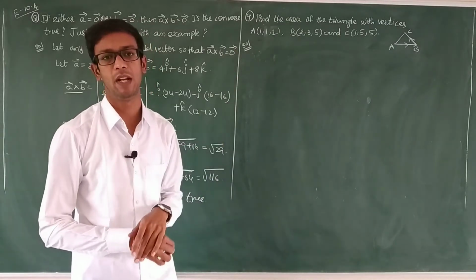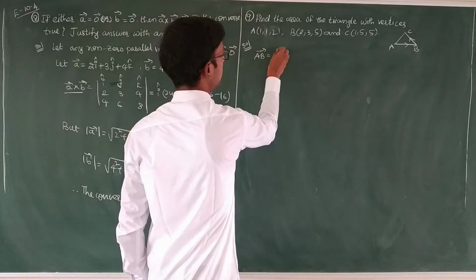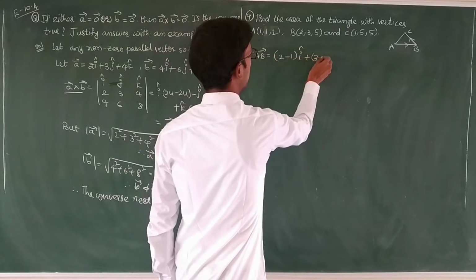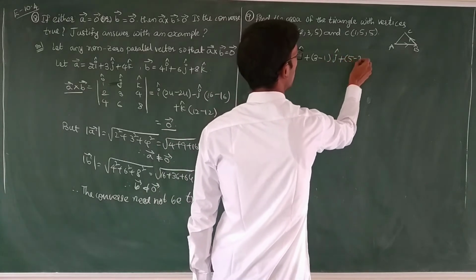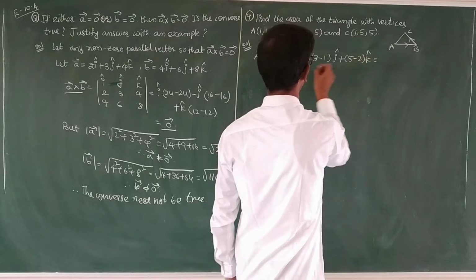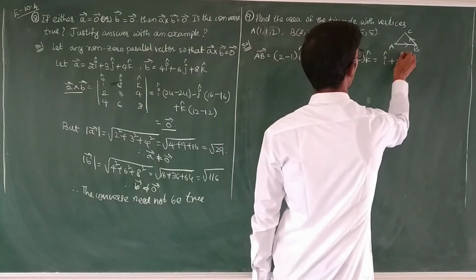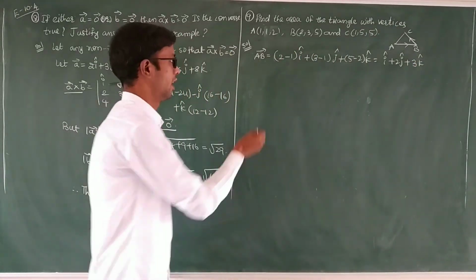I am taking AB and BC. So I first find the AB vector: 2 minus 1 I cap, 3 minus 1 J cap, 5 minus 2 K cap, which equals I cap plus 2 J cap plus 3 K cap. So that is the AB vector.